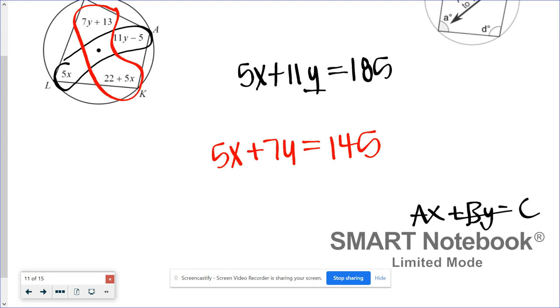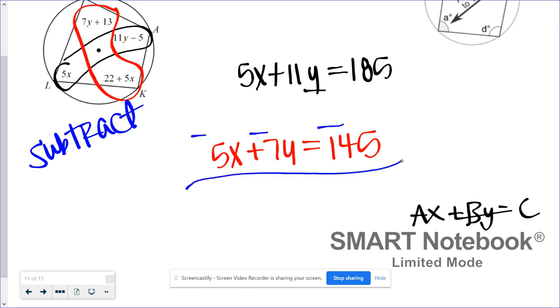In this problem, addition won't eliminate anything, so I'm going to subtract these two equations. I'm going to go 5x minus 5x, 11y minus 7y, and 185 minus 145. 5x minus 5x completely cancels out. 11y minus 7y is 4y. 185 minus 145 is 40.